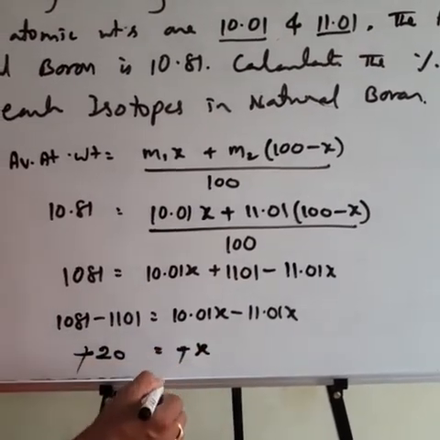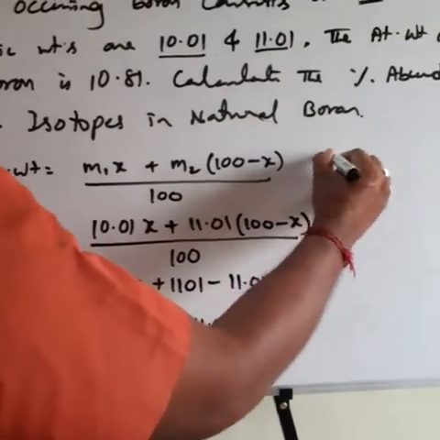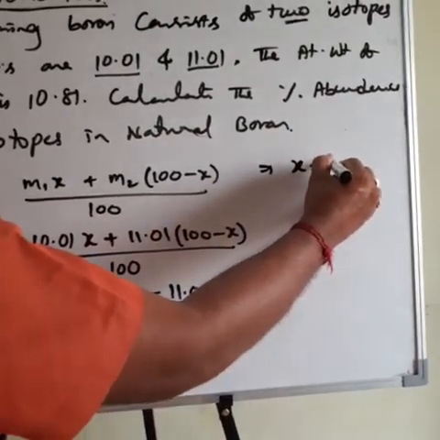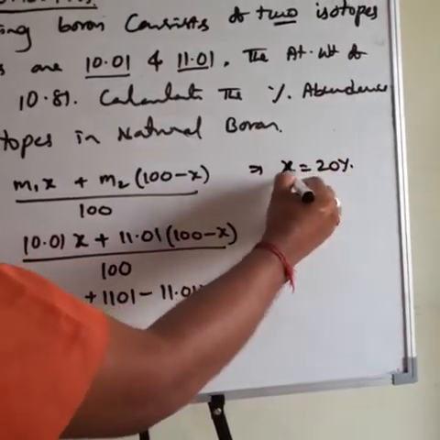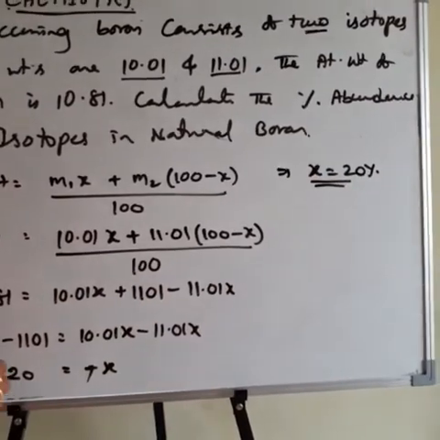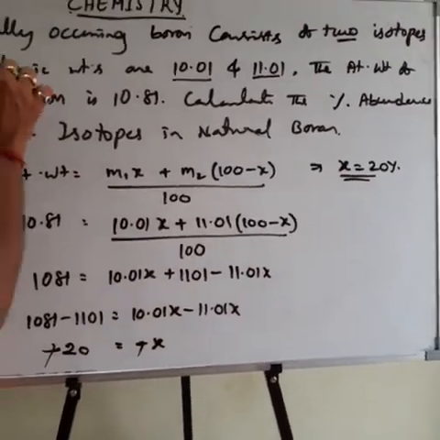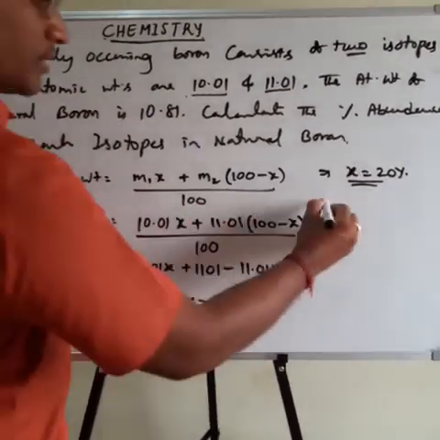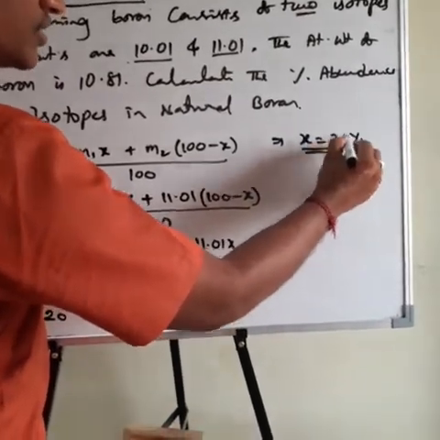Minus minus cancel. Then x is equal to 20. So the percentage abundance of the first isotope, the answer, x value is 20%.